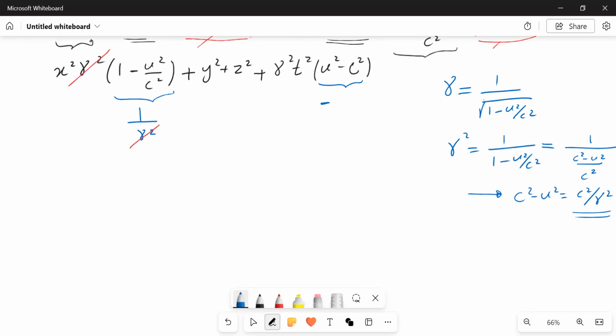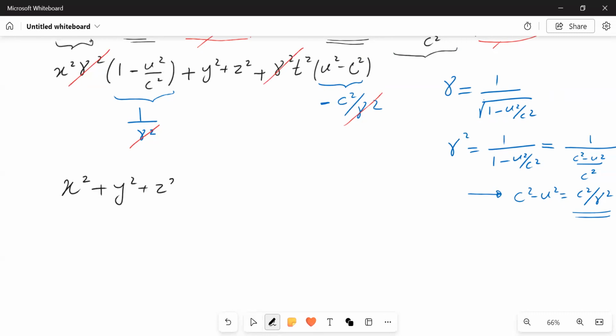So this would be minus c squared over gamma squared. Okay, so you can see that a gamma squared and a gamma squared cancel here. So we will end up with x squared plus y squared plus z squared minus c squared t squared.